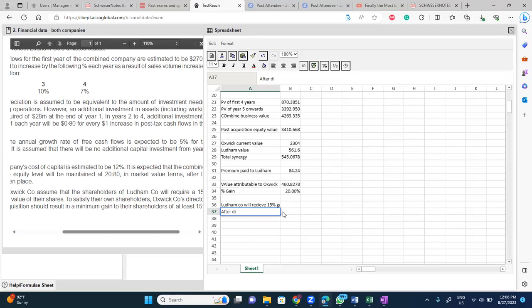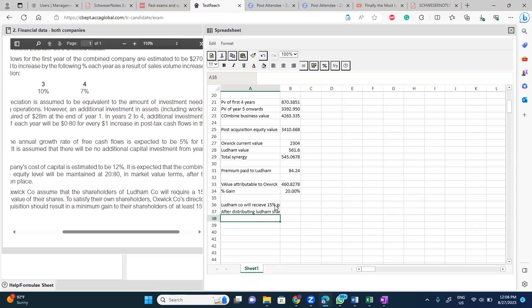After distributing Ludum share, Oxwick shareholders will receive 20% gain, which is greater than their expectation.